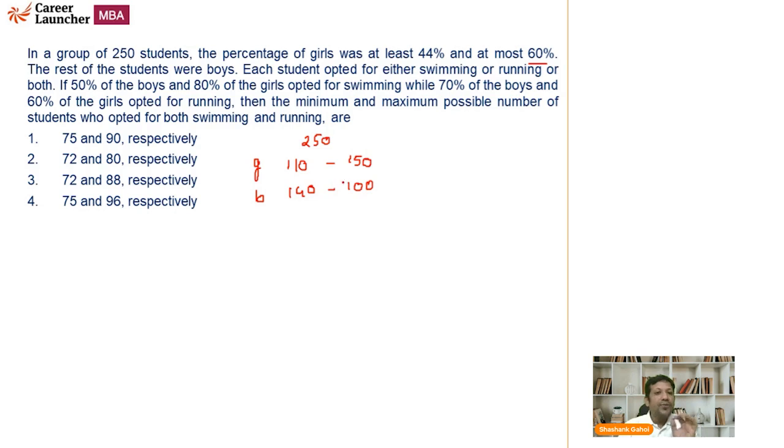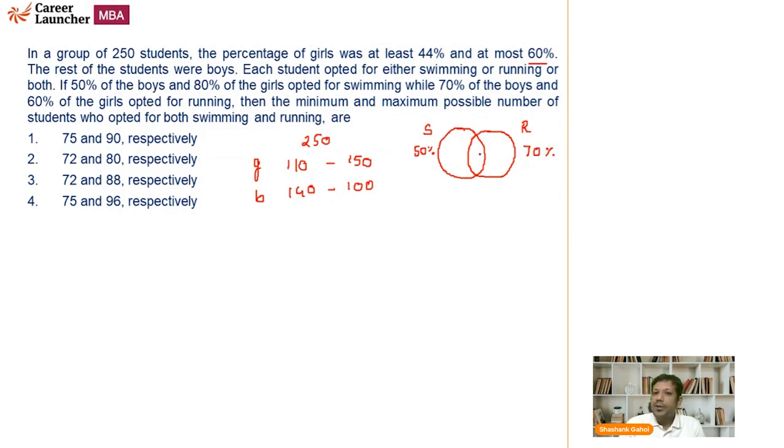Okay, so among the boys, let's say there are B boys. I don't know the exact value. So there are 100% boys. This is swimming and this is running. 50% are opting for swimming. 70% are opting for running.